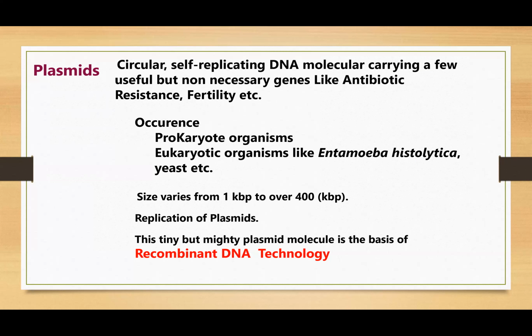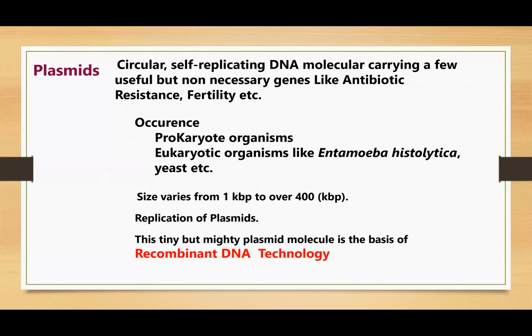Not only prokaryotes, some of the lower eukaryotes also have been shown to possess plasmids. I'm not going to talk about this aspect, but let us continue with prokaryotic plasmids. As far as their size is concerned, it varies from a few kbs to a few hundred kbs.